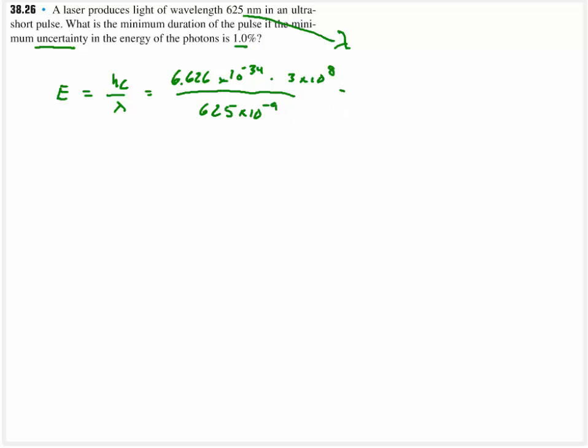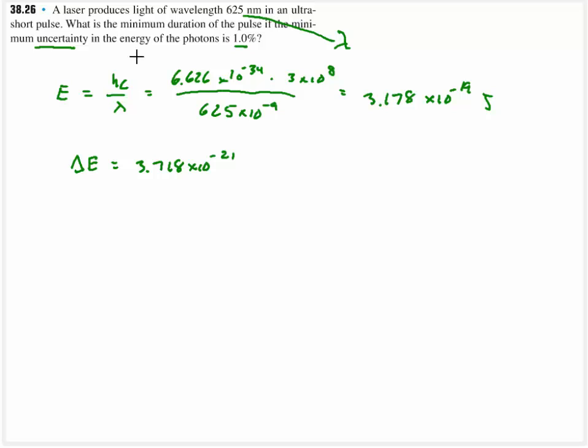And that tells us that the energy that we're talking about is going to be 3.178 times 10 to the negative 19th joules. And I know 1% of that is going to give me my uncertainty in my energy to be 3.718 times 10 to the minus 21, right? Just multiply it by 0.01.